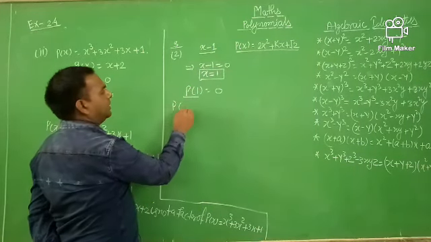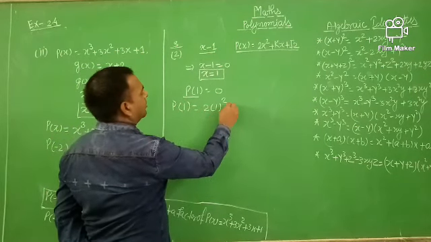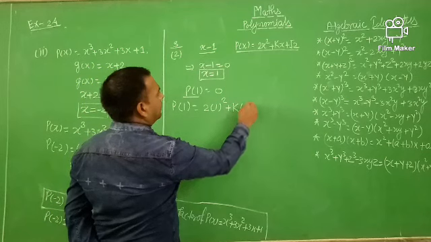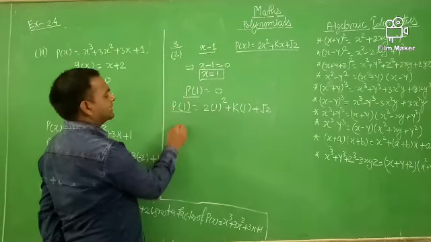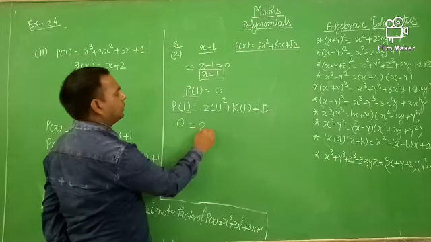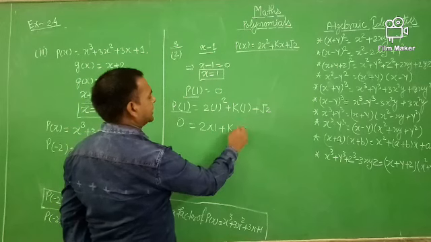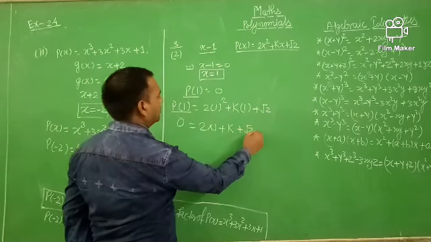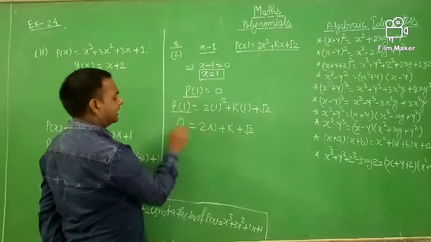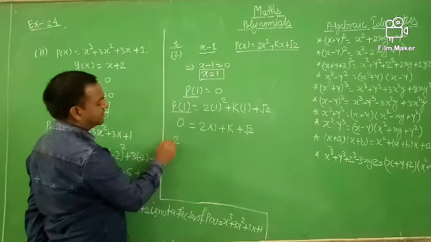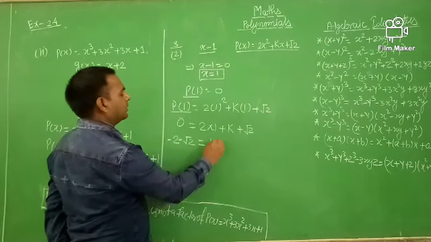So I put p(1) equal to 2 into 1 square plus k into 1 plus under root 2. The value of p(1) is equal to 0, so it is 2 into 1 square, which means 2, plus k into 1, which is k, plus under root 2. Therefore the 2 goes to that side as minus 2 and minus under root 2, equal to k.